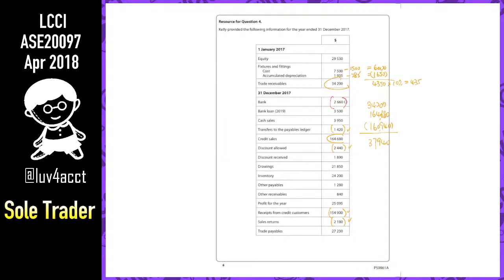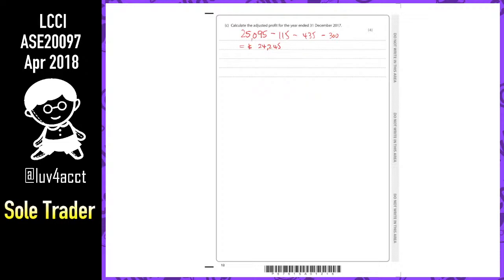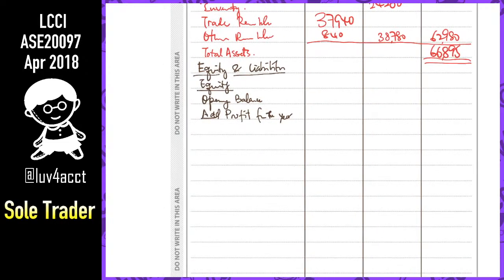Yes, we have drawings. Okay, so opening equity 29530, drawings we have 21850. Okay, and then let us go to the profit, 24245.